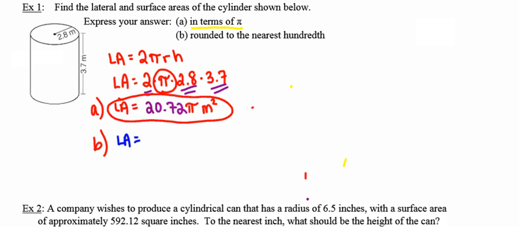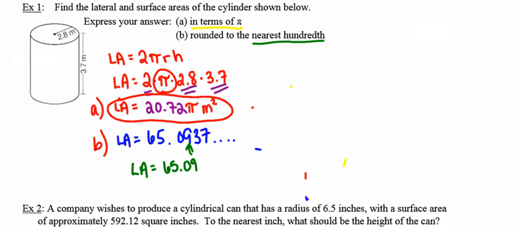And when I hit enter, I find that the lateral area is about 65.0937, and then some more decimals. And they want me to round this number to the nearest hundredth. So to that spot right there. So my lateral area is 65.09 square meters.